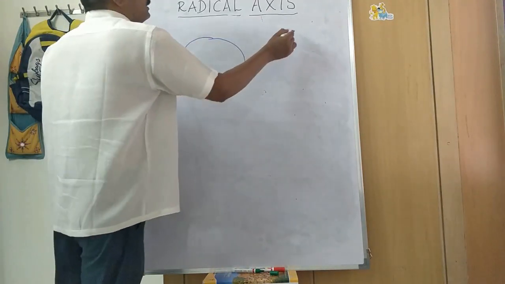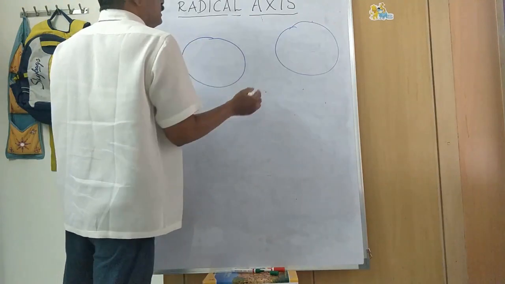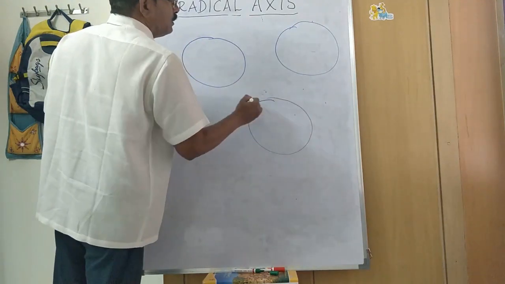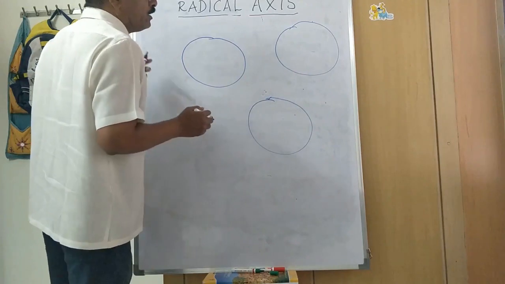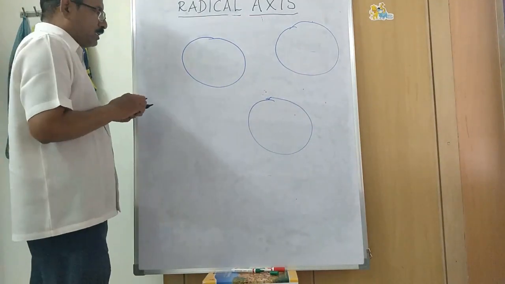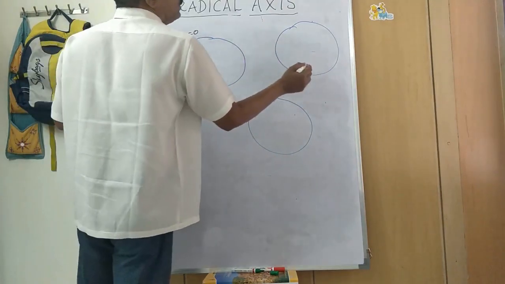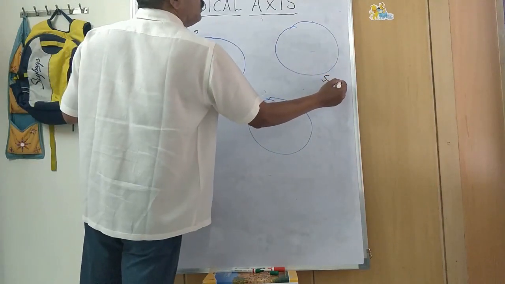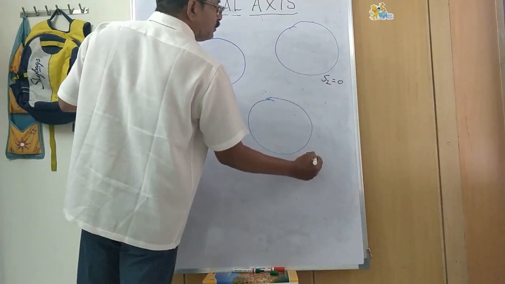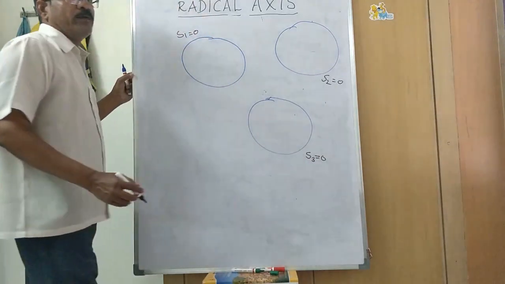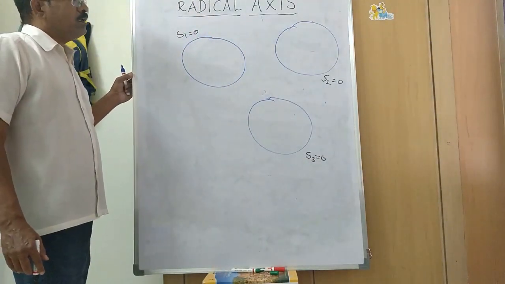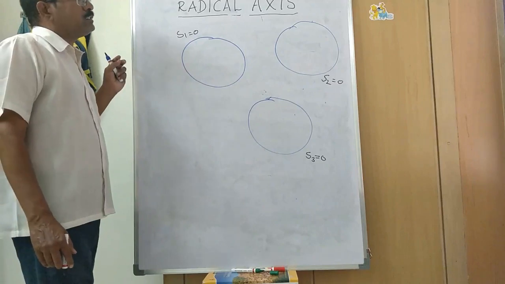This one is one circle, this is the other circle, and this one is the other circle. These are the three different circles. Let us say S1 is equal to 0, S2 is equal to 0 and S3 is equal to 0. Right. Then how can I draw the radical axis for this?